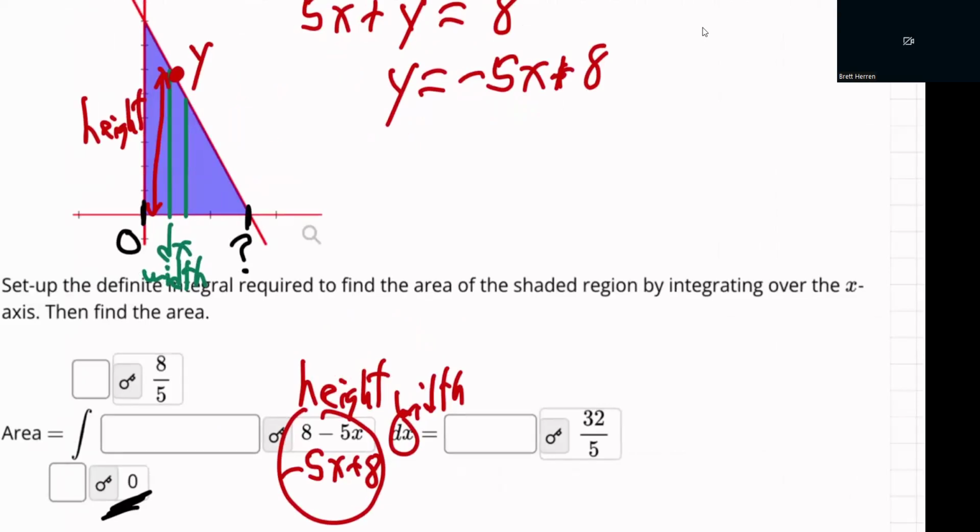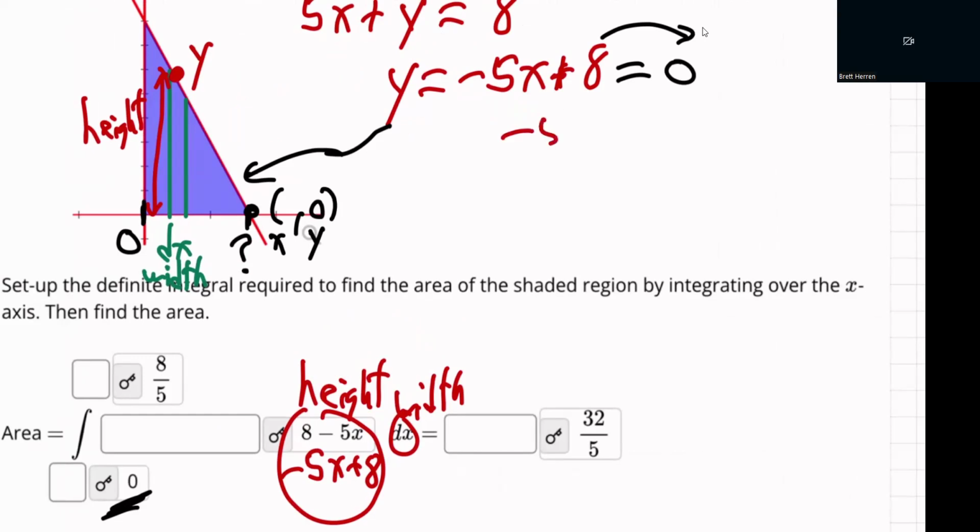Well, how do we find that spot? Well, that's where this line equation equals 0, because this point has a y coordinate of 0. Let's find the x coordinate. So let's solve for x. Bump that over. And so we get minus 5x is minus 8. Divide by minus 5.